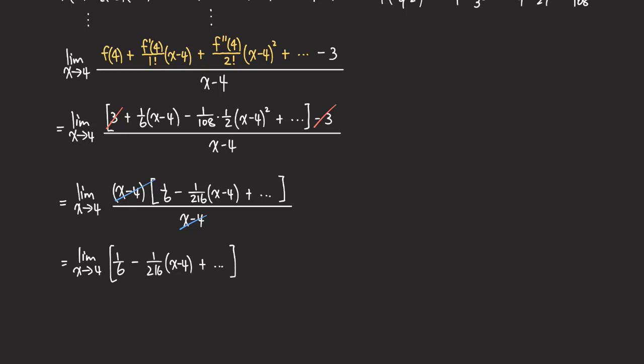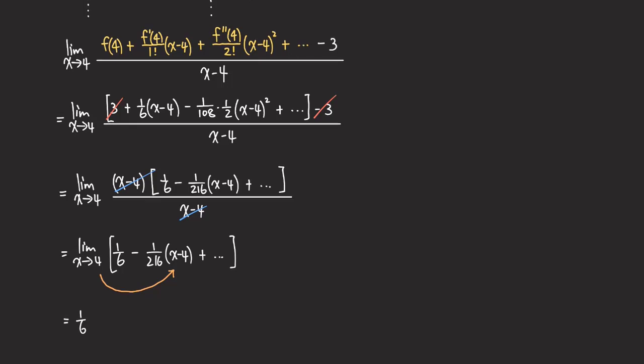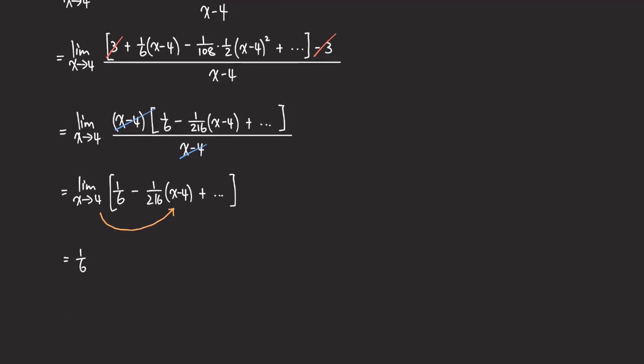Now we can directly substitute the 4 into x, so all those terms will go away. The only thing that doesn't have a factor of x minus 4 is the first term, which is simply 1 over 6. And that is our final answer.